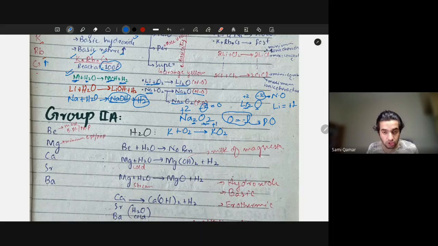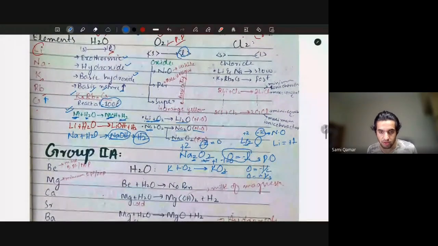And oxygen should be -1, so its sum will be 0. But we are having 2 oxygens. What does that mean? One oxygen is equal to -1/2, and the second oxygen is equal to -1/2. So the sum will be -1. So both are half. -1/2 oxidation state is superoxide. This is known as superoxide.